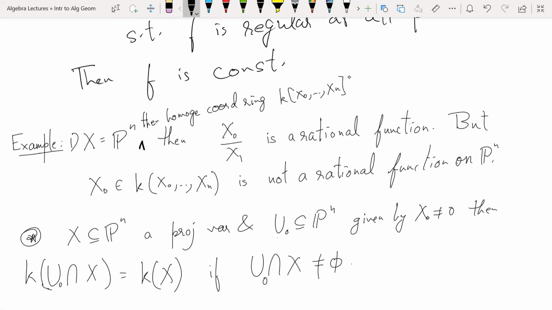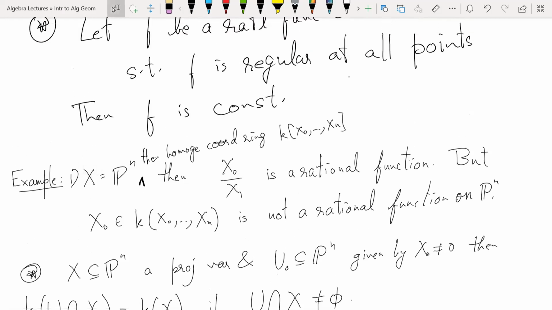This is how we define Pn. We also talked about points in Pn and so on. They are lines passing through the origin in A^(n+1), which corresponds to homogeneous maximal ideals of this ring. So what are rational functions in this?